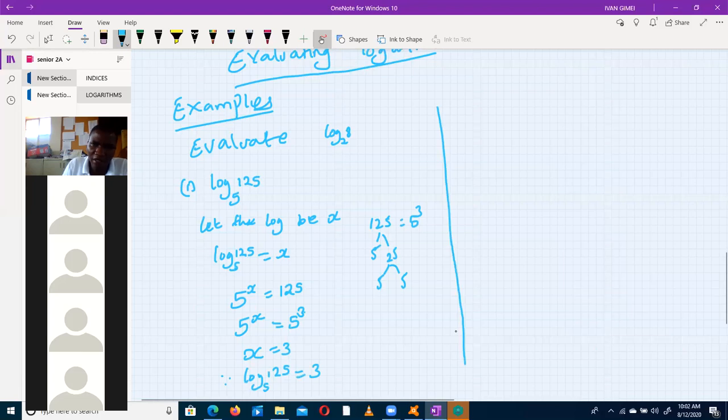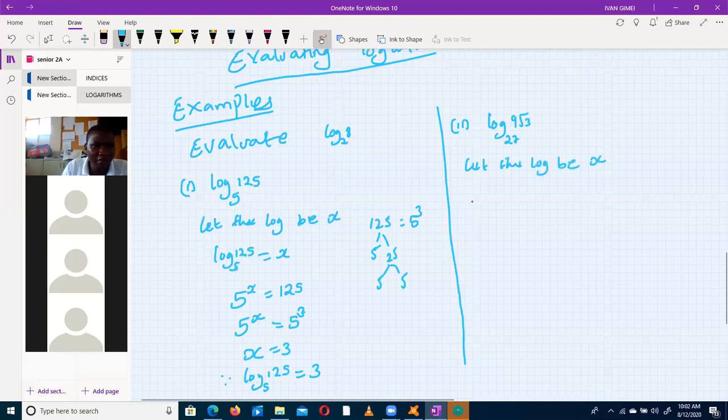If that's okay, then we can go back now to our question that we had at first. In our question, they're saying evaluate log of 9 root 3 base 27. They want you to find the value of that, the index, that's the logarithm. So what we do, let the log be x.